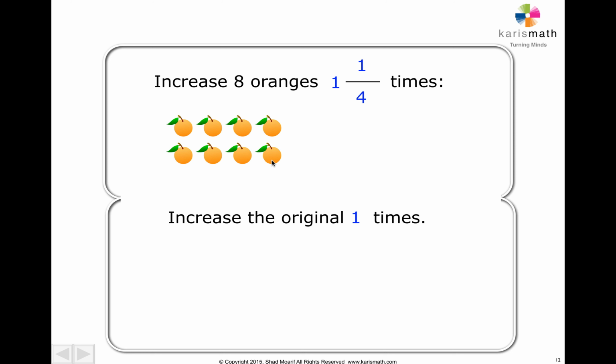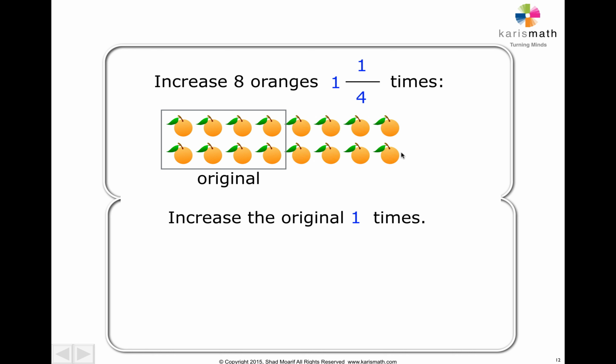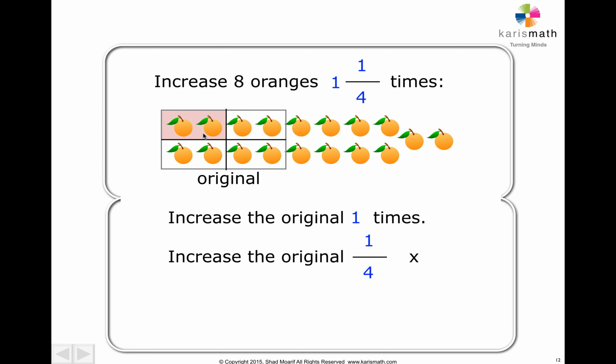Repeat this original 1 time, which means bring it there. The same amount, repeat it one time. That's 1. Then you add in another quarter times because you've got to increase it 1¼ times. So you increase it 1 time, then you take quarter of this. Quarter of that would be obviously 2. So add that at the end, and there you go.